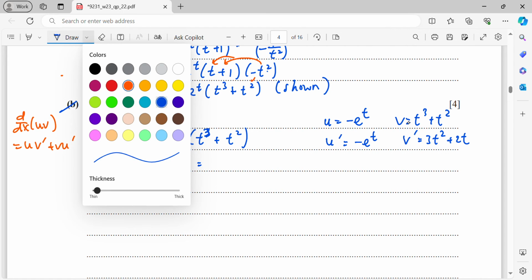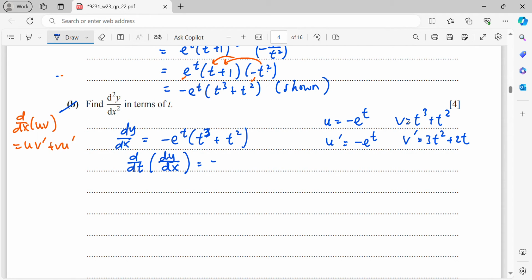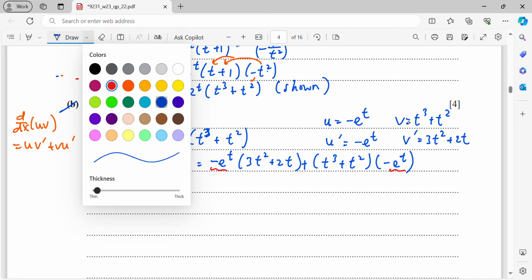So now from here, I will be getting negative e^t times (3t squared plus 2t) plus (t cubed plus t squared) multiplied with negative e^t. From here, the common term is negative e^t, so I will factorize this and combine the rest.